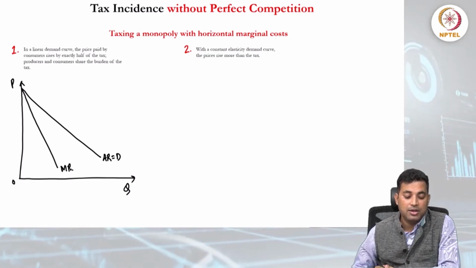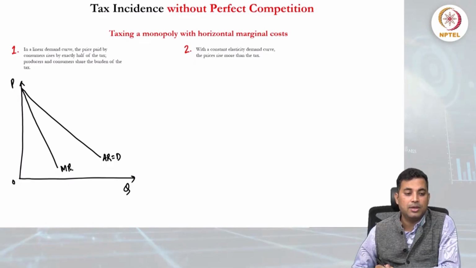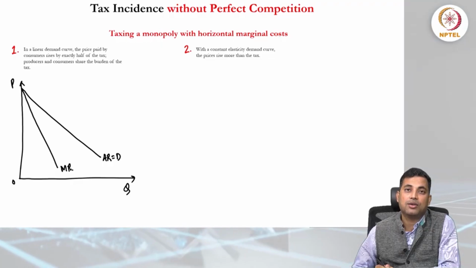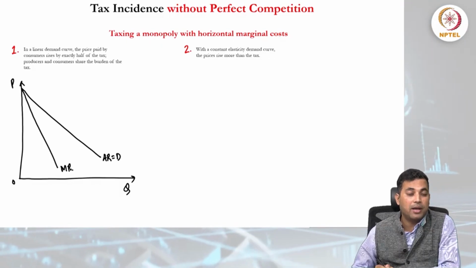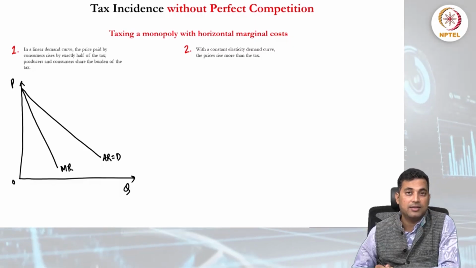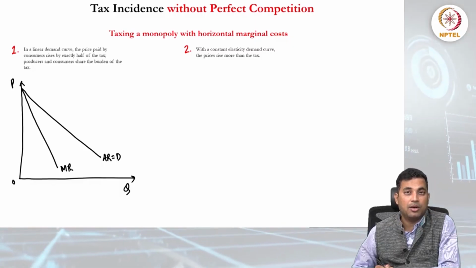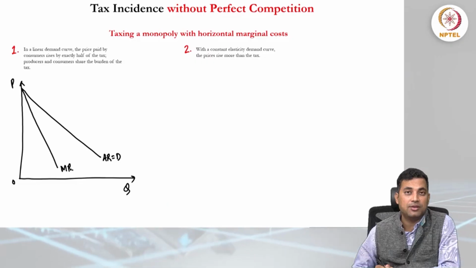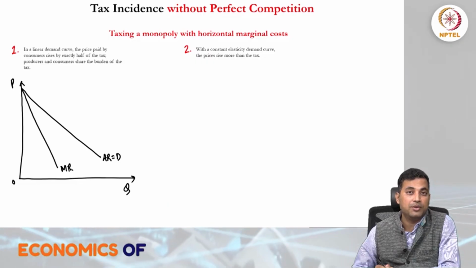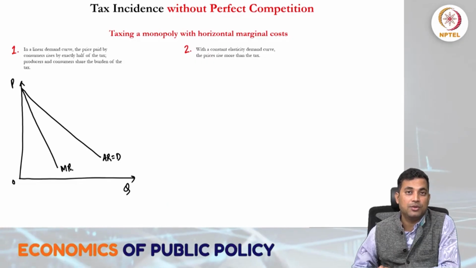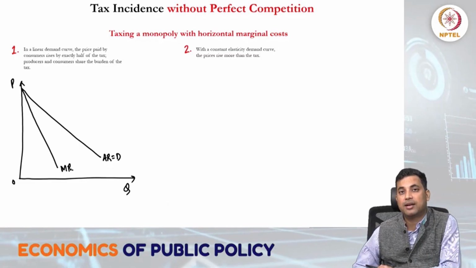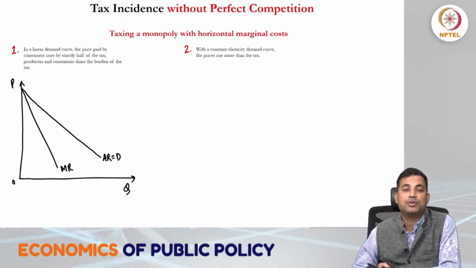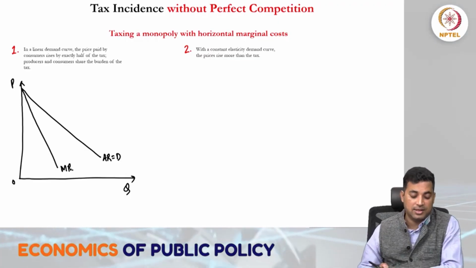Now let us assume that the marginal cost curve, or supply curve, is perfectly elastic, and then we will talk about what happens if we impose a tax on the producers or on the commodities, and how producers will react to the imposition of the tax.